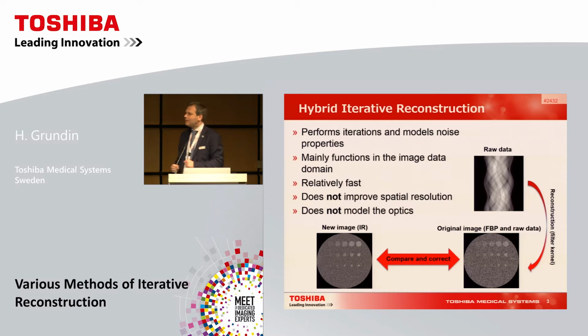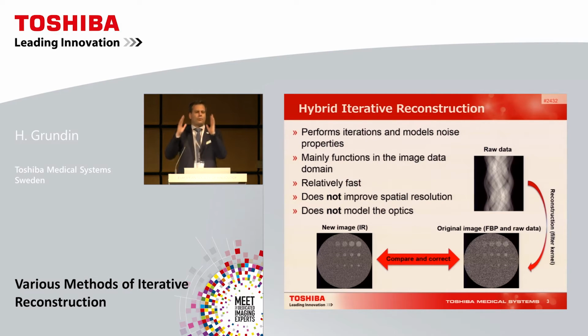This gave a need for iterative reconstruction, and the most modern iterative reconstruction from all vendors are called hybrid iterative reconstructions. In hybrid iterative reconstructions, you can model noise more properly than you can in filtered back projection, which means that you can reduce some of the limitations in the trade-off between spatial resolution and noise. But these reconstruction algorithms mainly perform in the image data domain.